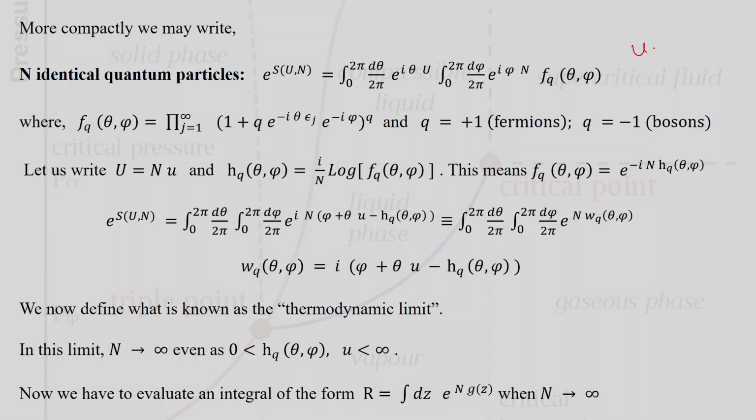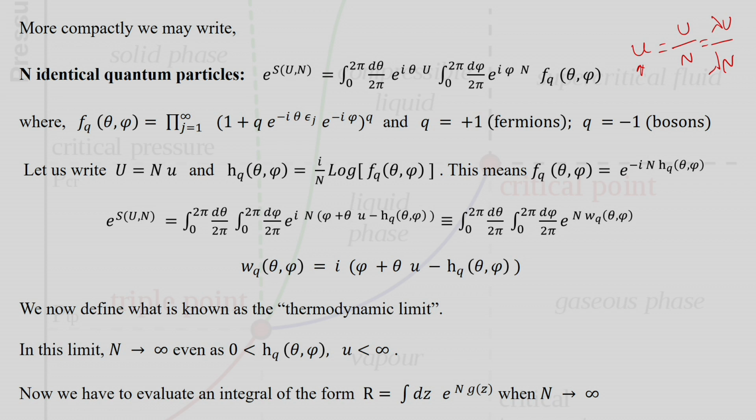So, if that is the case, then all I have to do is fix the ratio of total energy and the number of particles. I could denote that by small u. Small u is basically the total energy per particle. If I fix this, then that is going to be the same as this. Even if I scale u and n, I get back the original small u.